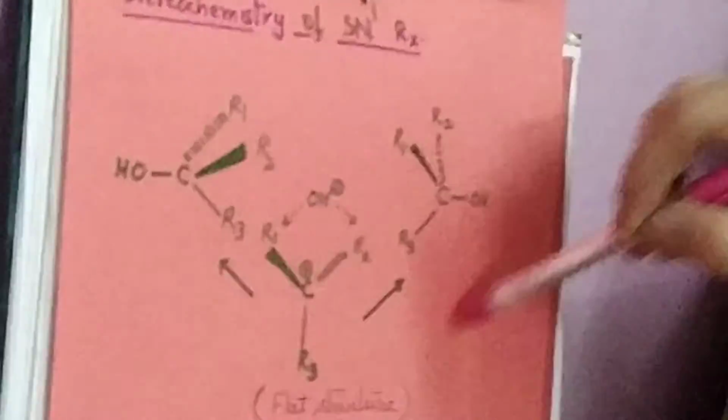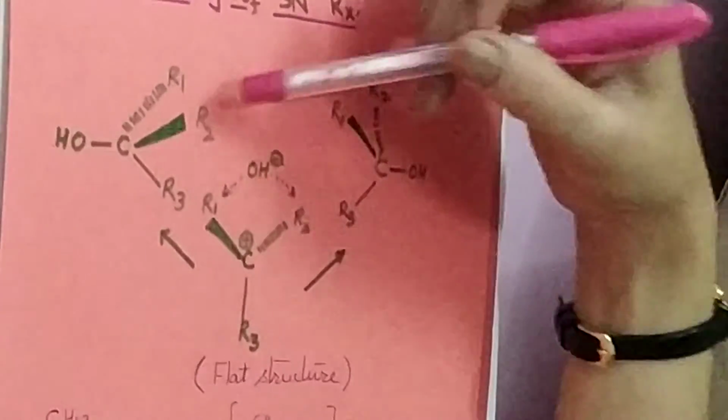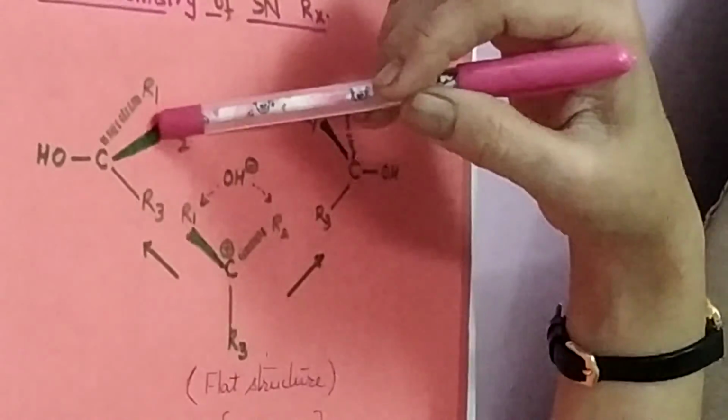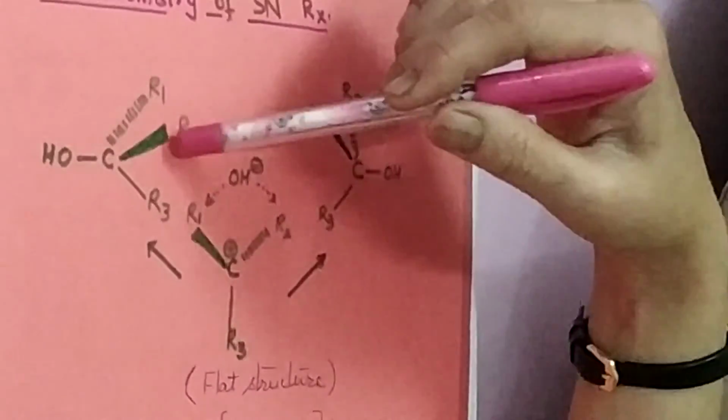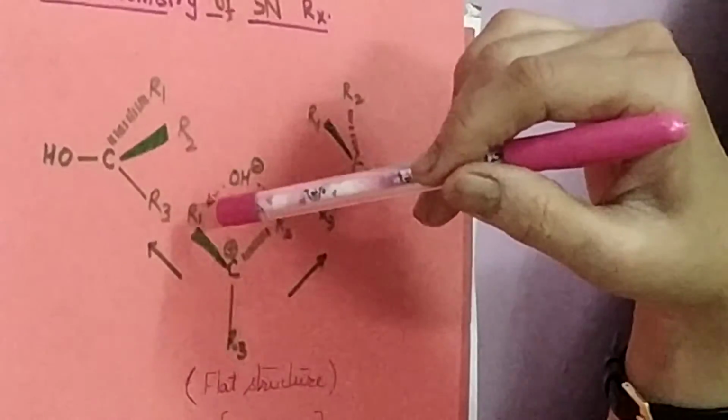I hope that this kind of reaction depiction which I have shown here is clear to you. Is it clear to you now? Here I have shown the reaction which takes place via the carbocation intermediate.